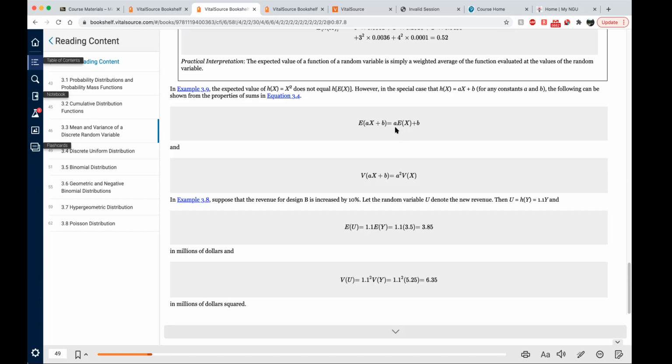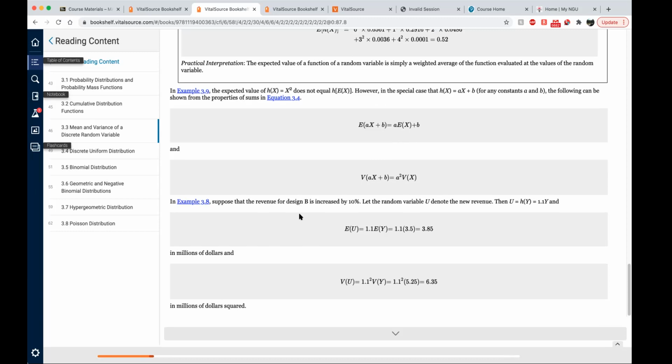And then the variance is a little different. The constant term is going to be gone, and a is going to come out of the V and be squared. It's a squared times V of x. So how come? I proved these two in the lecture notes. Please look at them.